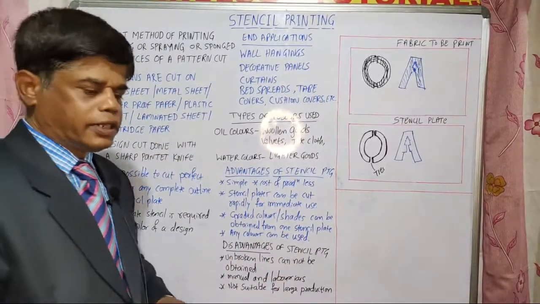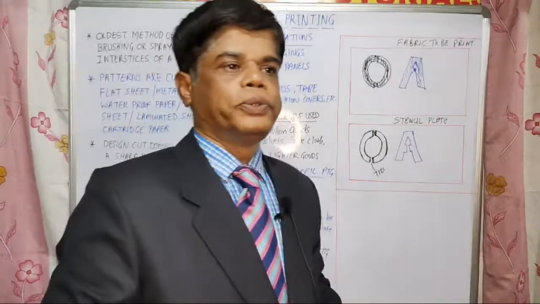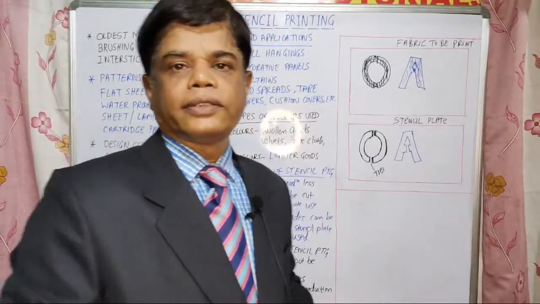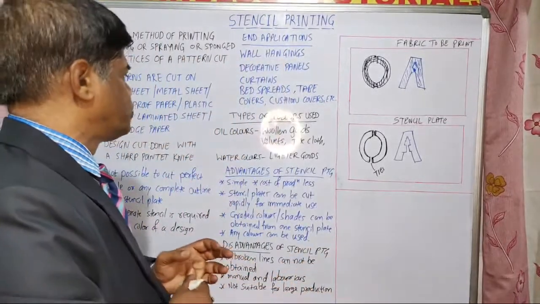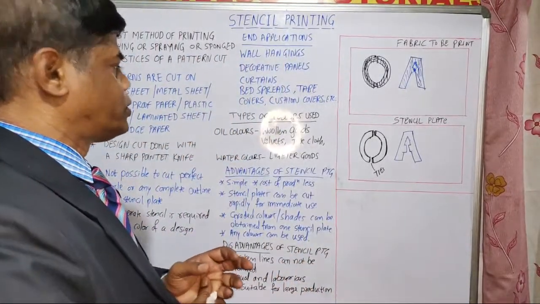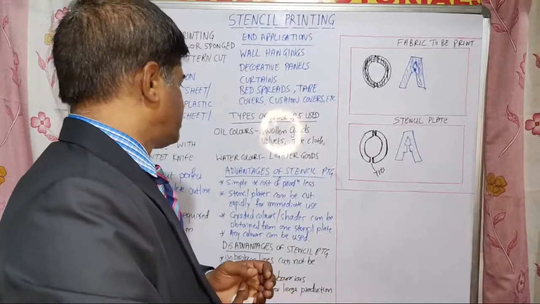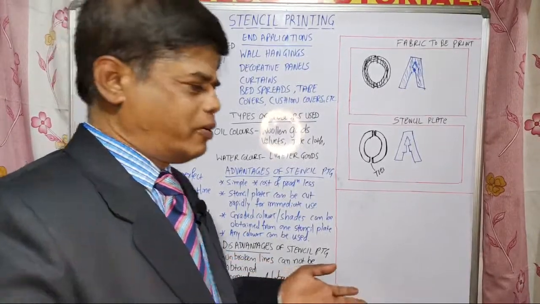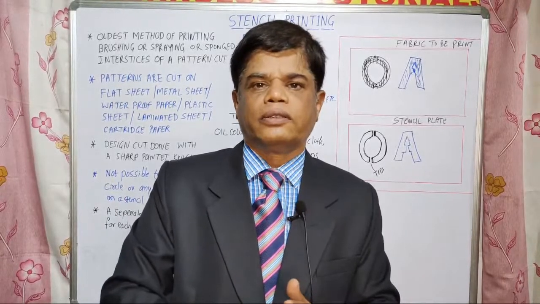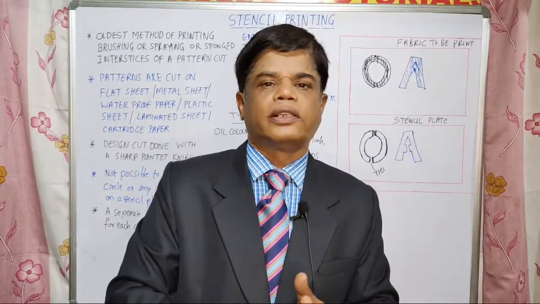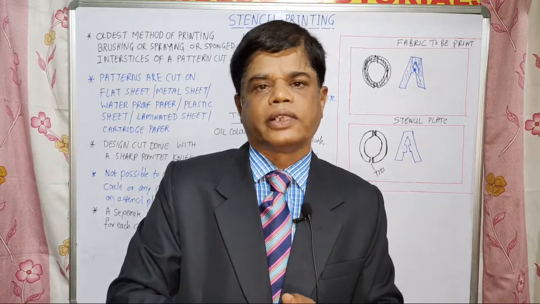And what type of colors are used? Oil colors and watercolors are used. For fabrics like woolen goods, velvet and jute cloth, oil colors are used. Watercolors are used for home requirements, for making tablecloths and other things.